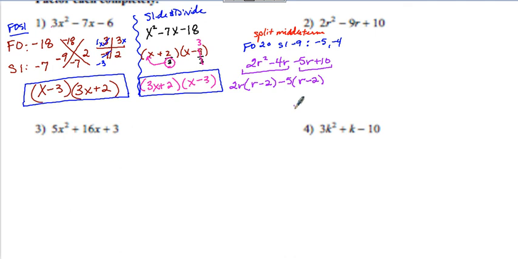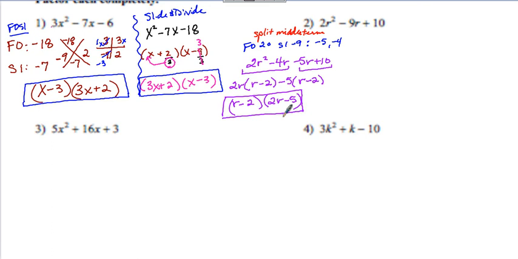To build our final factors with this method, we take the one that is common, r minus 2, and we take the leftovers, 2r minus 5. That is the factored form of our original.